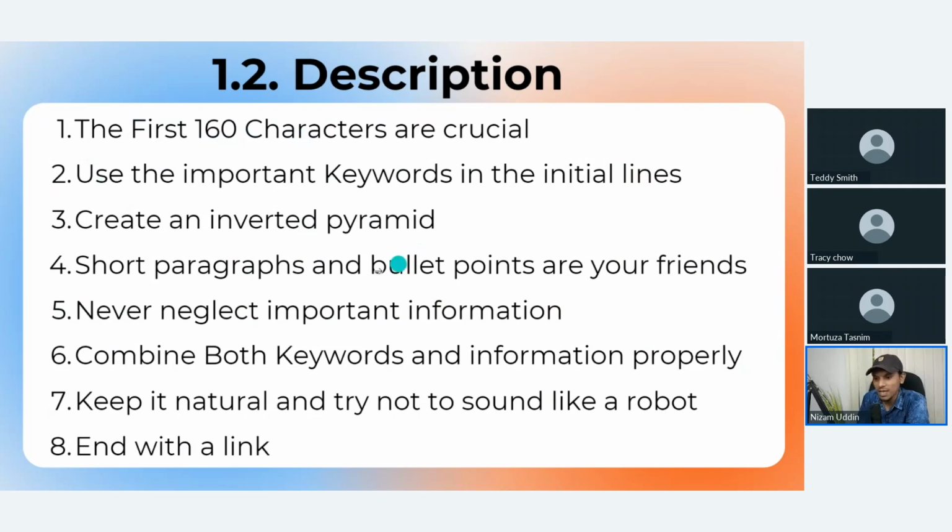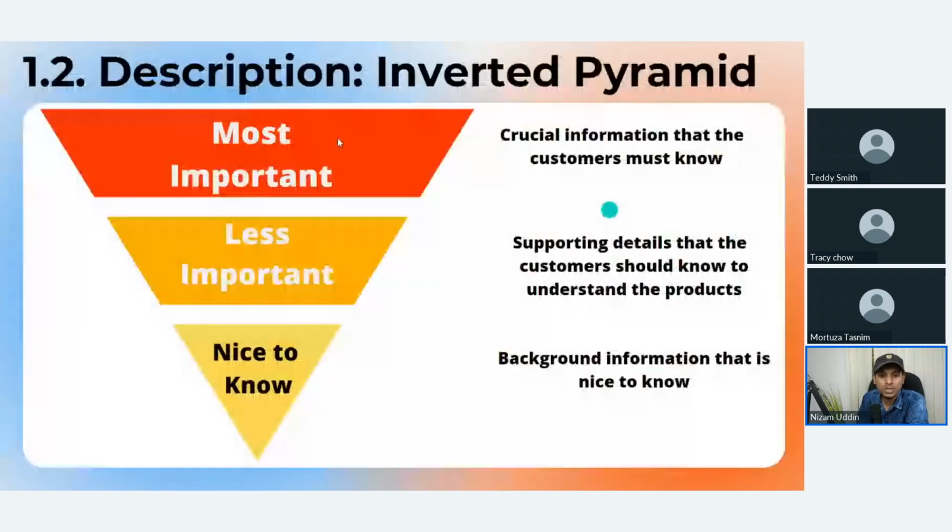Now, what does that mean? When you create the description, you should give the most important information at the very top, then a bit less important information, and then the information that is nice to know or general. This is the pyramid that you can follow.